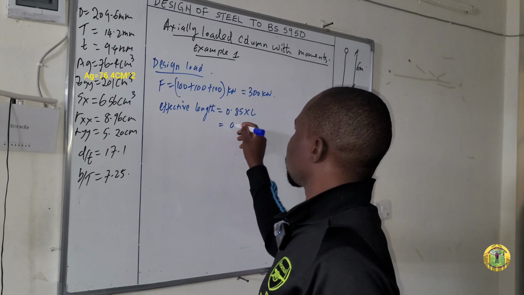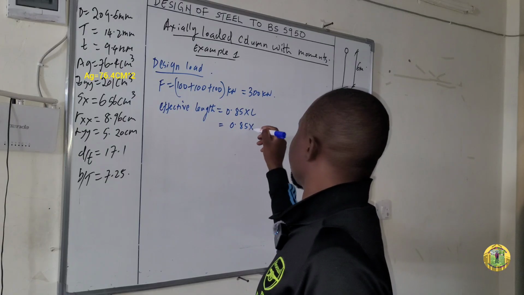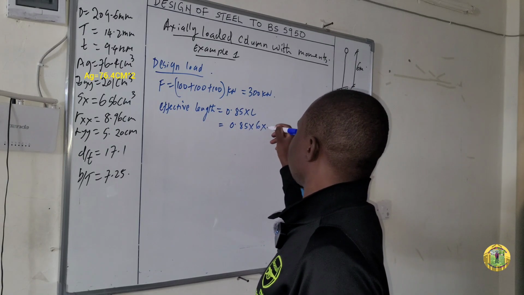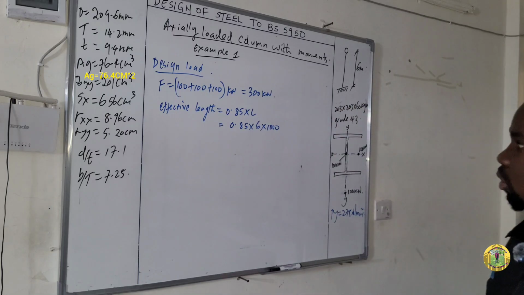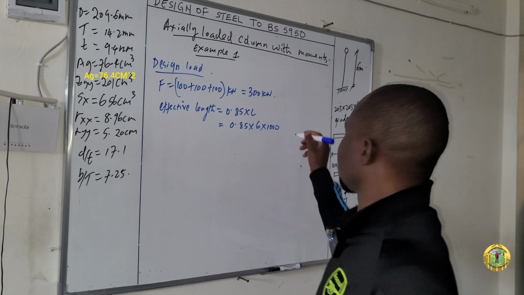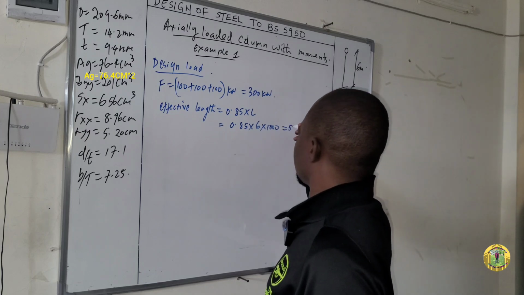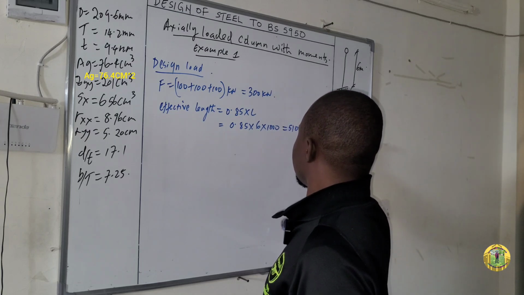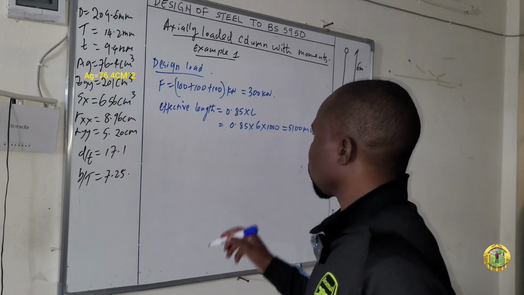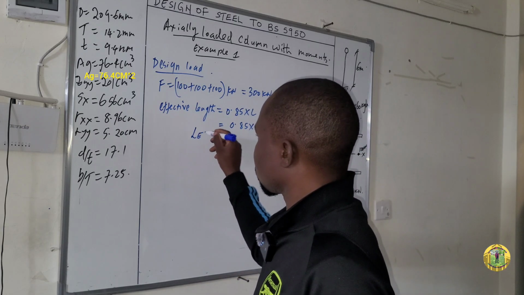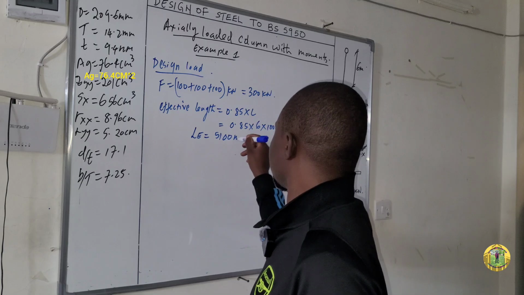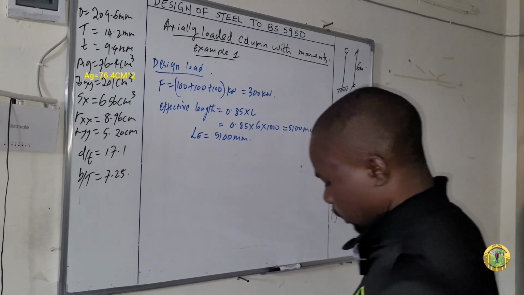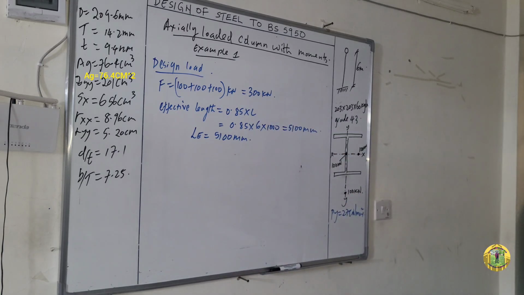So this is equal to 0.85 times 6 times 1,000, converting from meters to millimeter. So this is equal to 5100 millimeter. So LE is equal to 5100 millimeter.